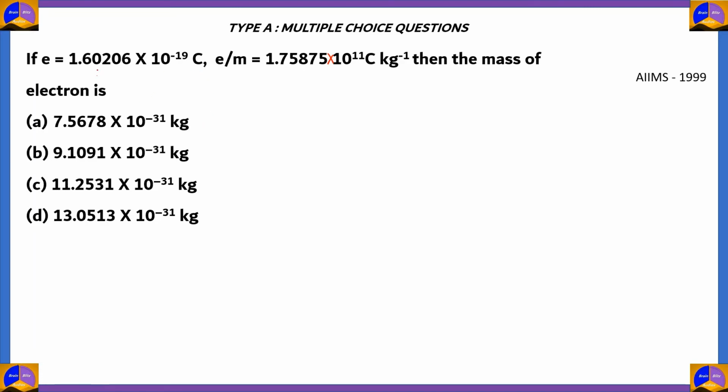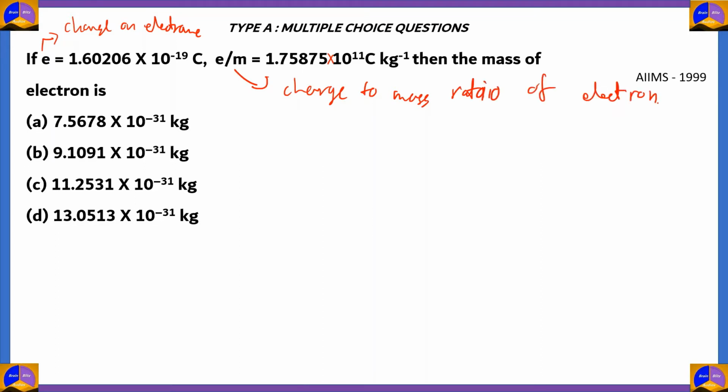So e refers to the charge on the electron, and e by m is the charge to mass ratio of the electron. And this quantity, the charge to mass ratio, was used by J.J. Thomson in order to discover the electron.